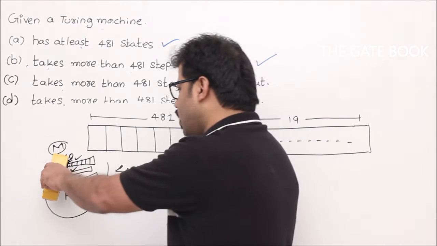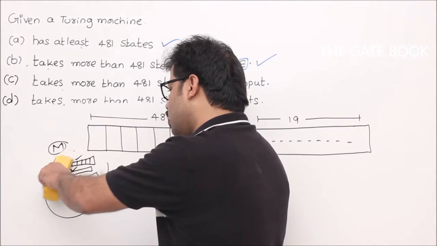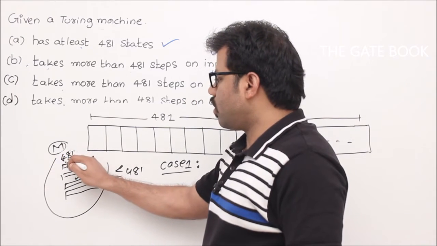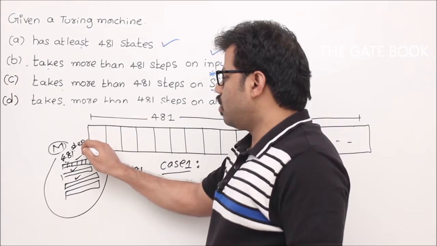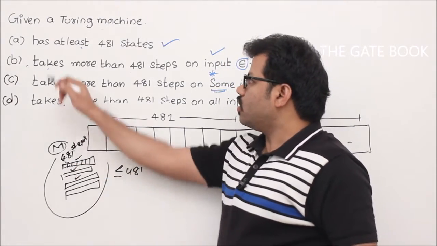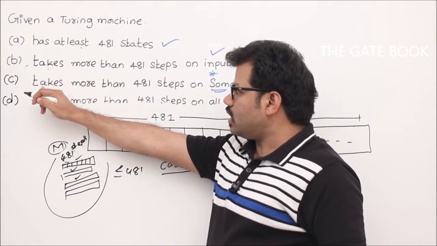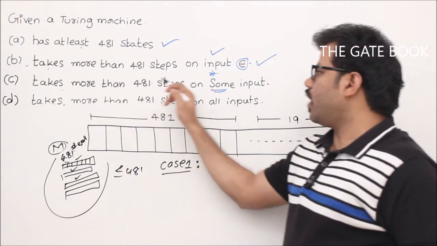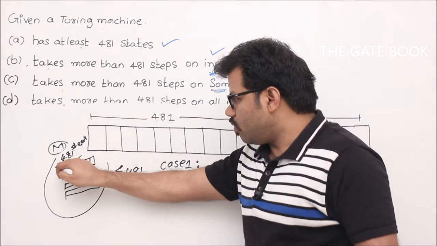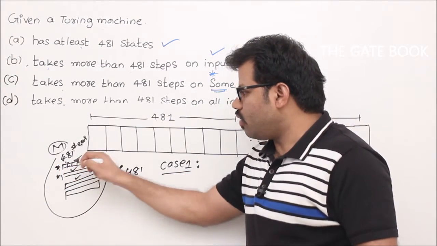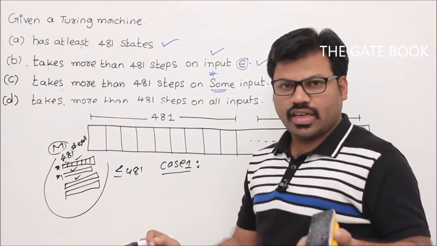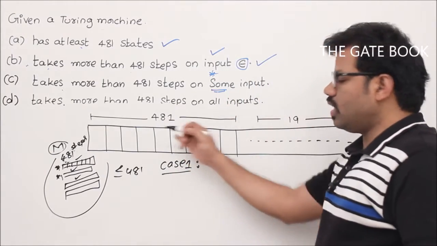Otherwise, assume that this Turing machine M on this input took more than 481 steps. Try to understand how many steps it took: more than 481. Now read the statement. We have to test whether a Turing machine takes more than 481 steps on some input or not. So in this smaller set of inputs, if you have such a case, do we really require to go for the other cases? Do we really require to see bigger strings?